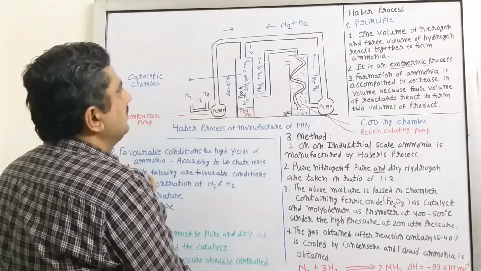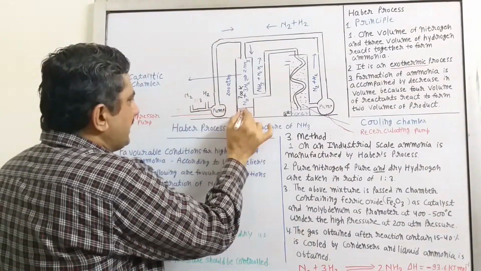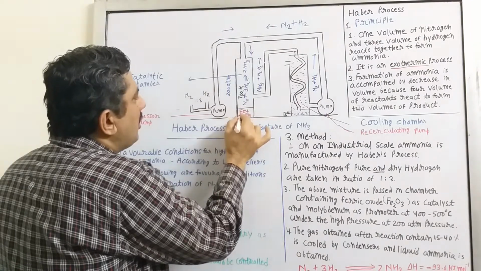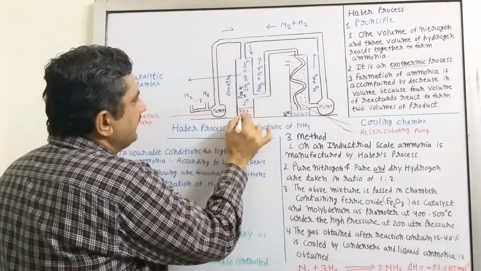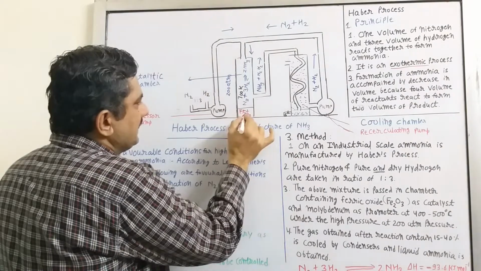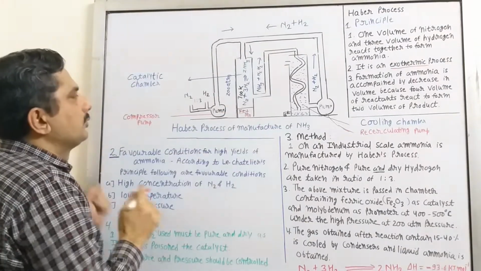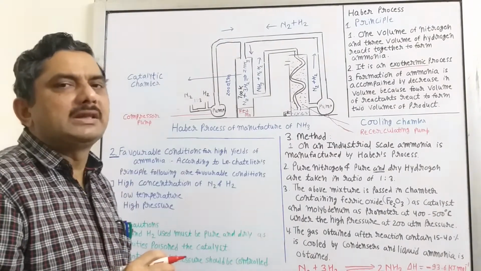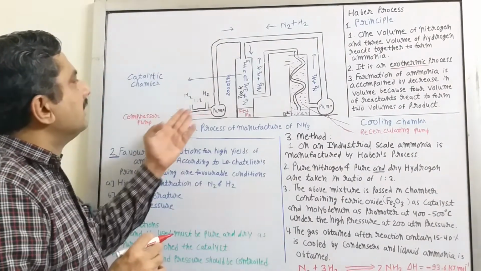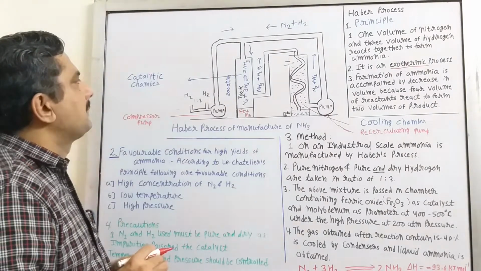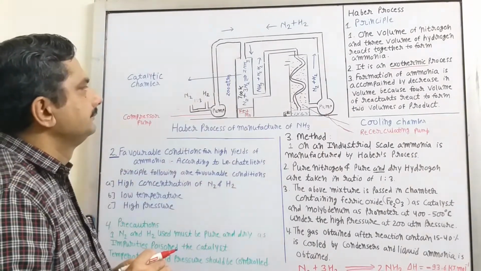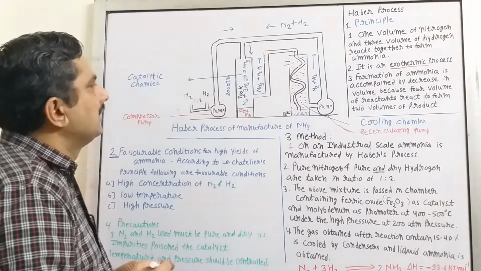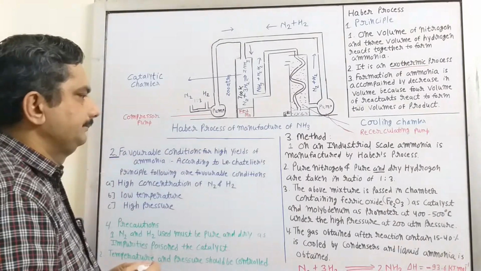This is sent to a catalytic chamber where we put powdered iron oxide or iron as a catalyst and molybdenum as a promoter. The mixture of nitrogen and hydrogen in the ratio of 1:3 at 200 atmosphere is passed in the catalytic chamber. Reaction takes place between nitrogen and hydrogen and formation of ammonia takes place.